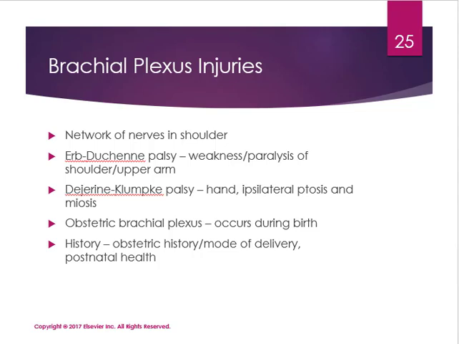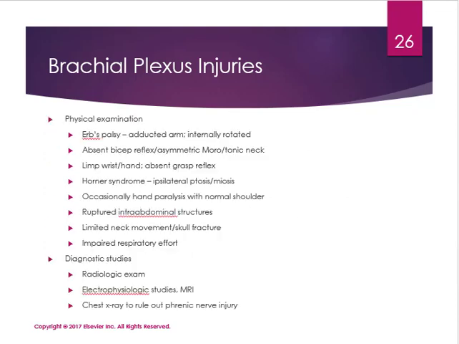There are several maternal factors that could lead to this, such as diabetes, obesity, maternal age greater than 35, and the maternal pelvic anatomy. On physical exam, you're going to do a thorough head-to-toe exam to identify any deformities or any other issues. It's important to assess passive range of motion and newborn reflexes.